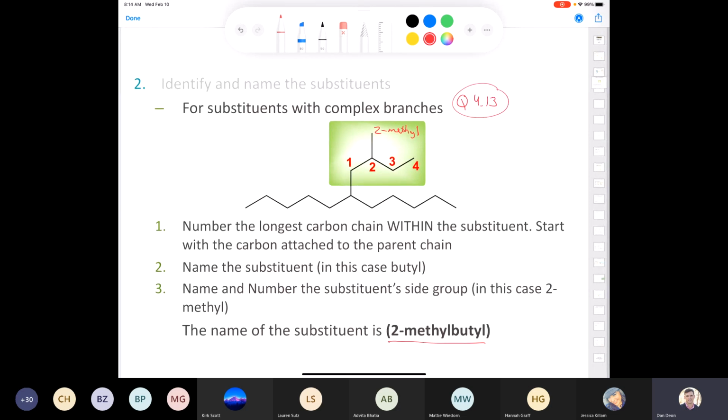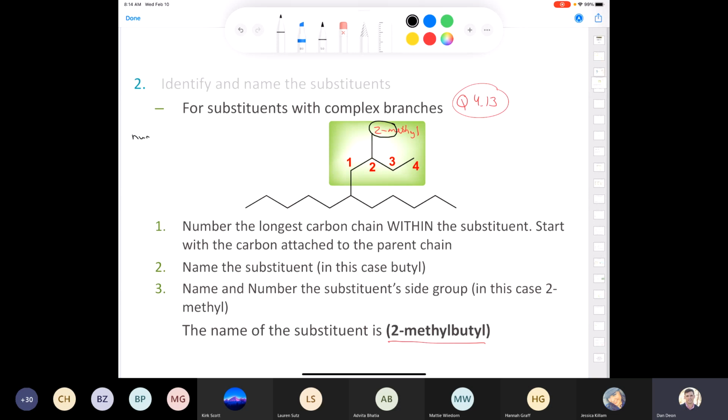Now, something else I want to point out, and this is another rule that you have to be aware of. Whenever you have numbers and letters separated in a name, you always separate them by a hyphen. Numbers and letters are always separated by a hyphen.